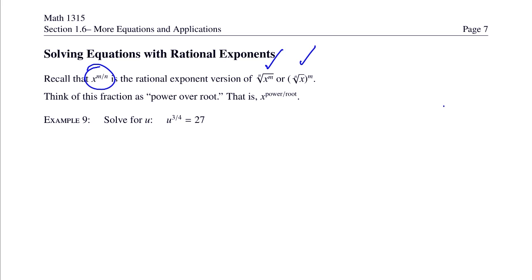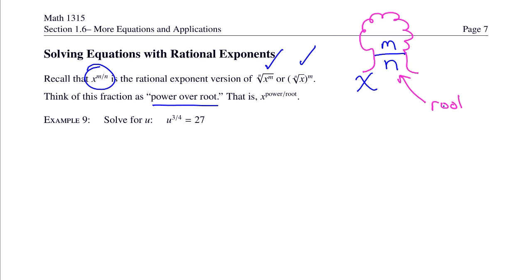Now, one way to think about this fraction is power over root. And so what I like to draw is x to the m over n, and then it turns out that this is sort of like a tree, like this. And the way you remember this is, what's in the bottom of a tree?